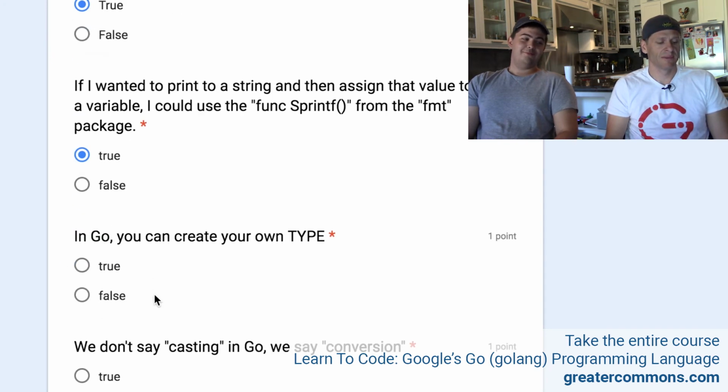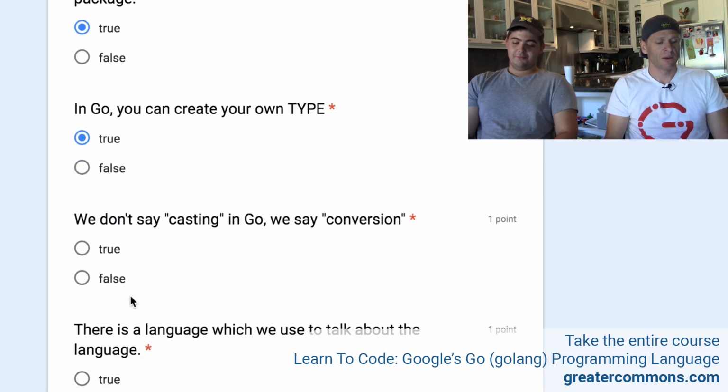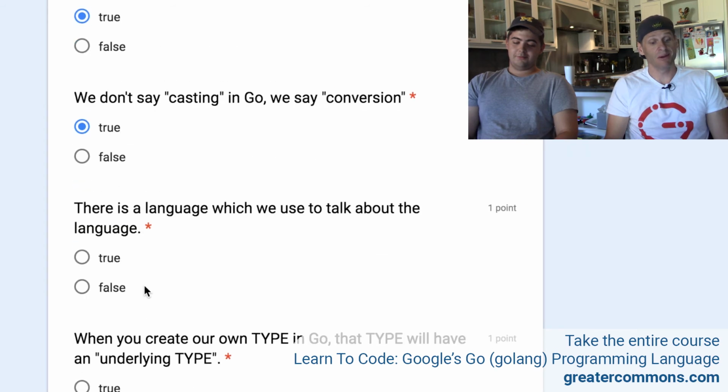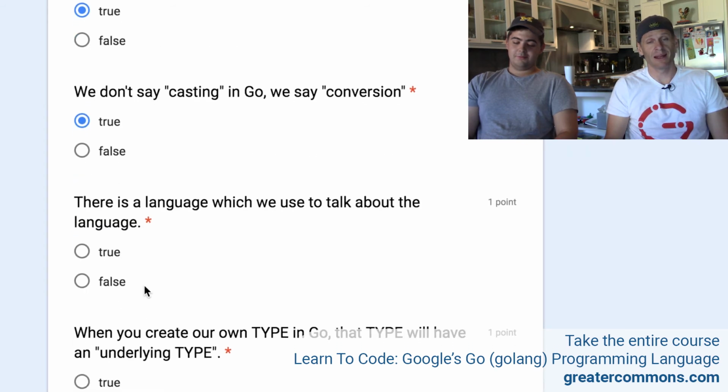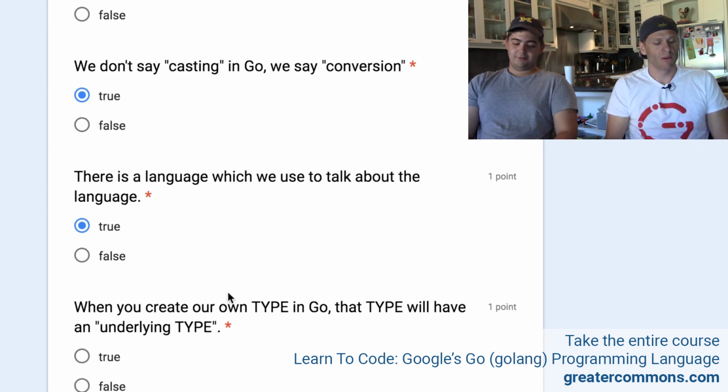In Go, you can create your own type. True, mind-blowing. We don't say casting in Go, we say conversion. True. There is a language which we use to talk about the language. So make sure you're precise with the words you use to talk about the language, because otherwise it creates confusion, and we will see that a little bit when we talk about pass by value.